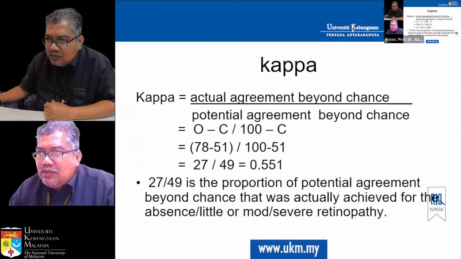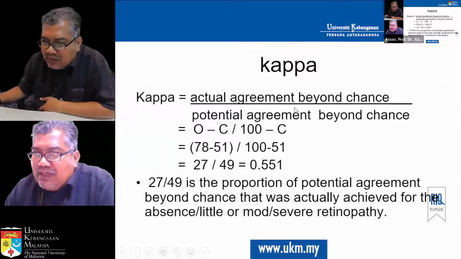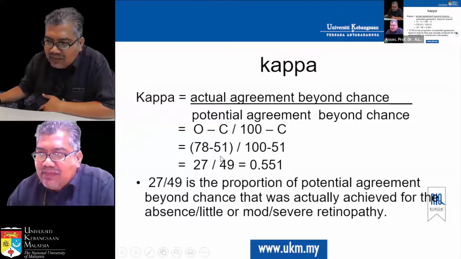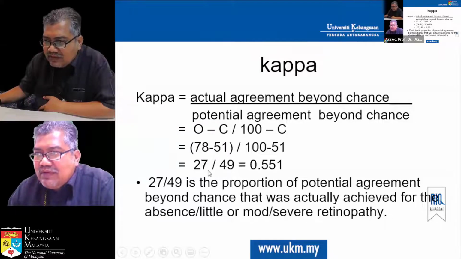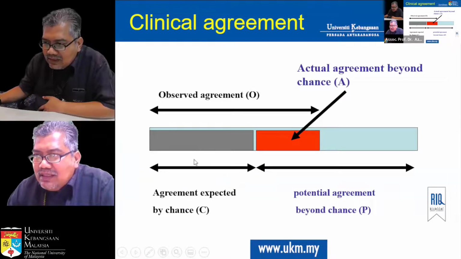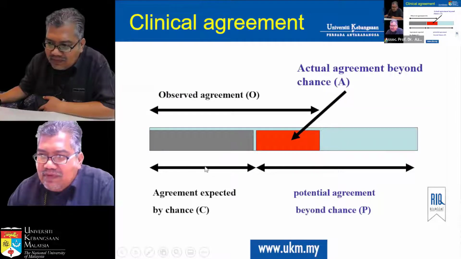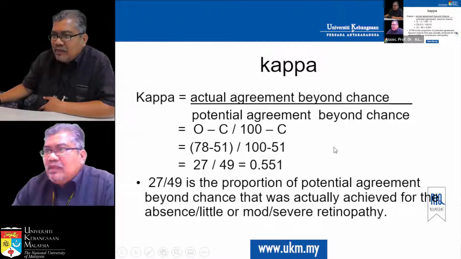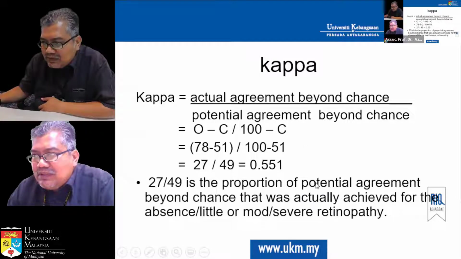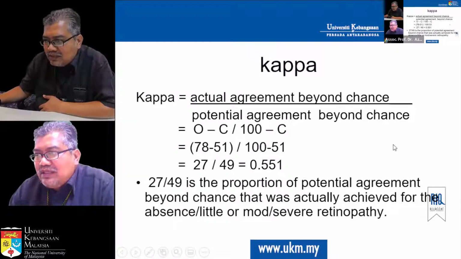You put this value into this formula: actual agreement beyond chance, 78 minus 51, which is 27, divided by the potential agreement beyond chance, which is 100 minus the agreement expected by chance. 100 minus 51 gives 49. So 27 over 49 is the proportion of potential agreement beyond chance that was actually achieved for the absence of little or moderate and severe retinopathy.